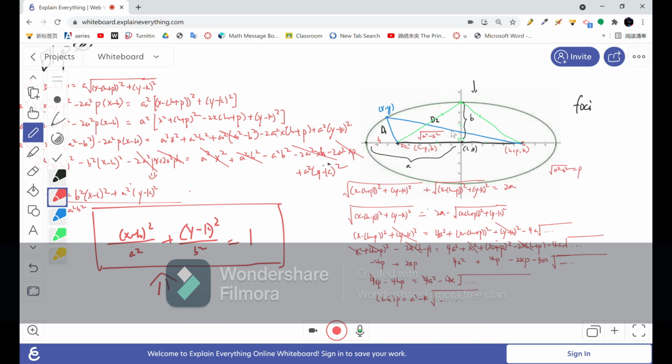Actually, if you have a vertical ellipse, then b will be in the front and a will be in the back, and we can use the same process to derive the equation.